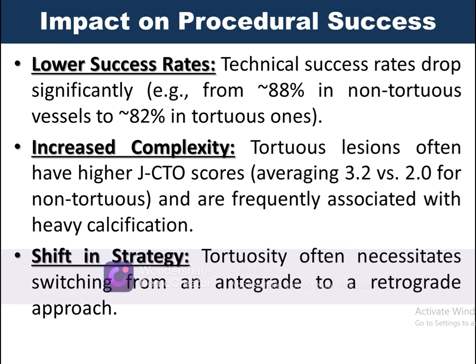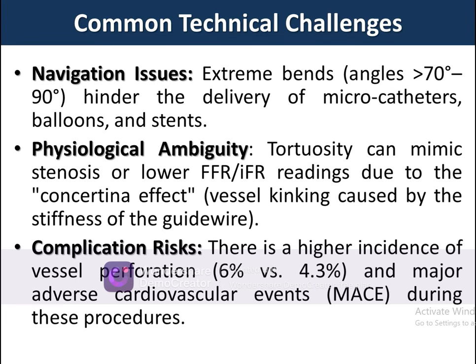Increased complexity: tortuous lesions often have higher J-CTO scores, averaging about 2 versus less than 2 for non-tortuous, and are frequently associated with heavy calcification. Shift in strategy: tortuosity often necessitates switching from an antegrade to a retrograde approach.